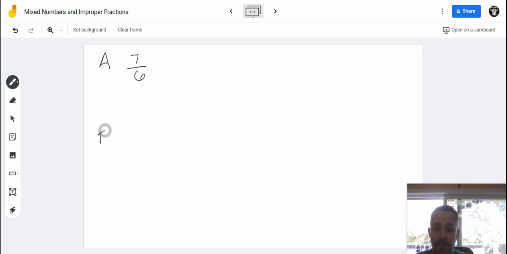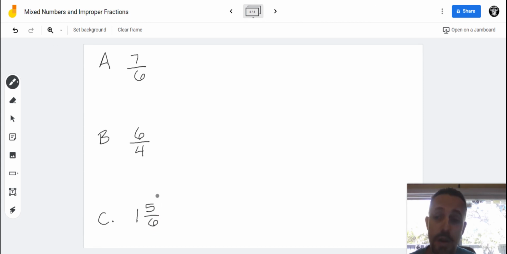For problem B, let's go with 6/4 and change that into a mixed number. And then problem C, you are going to do 1 5/6, and I want you to change that into an improper fraction.